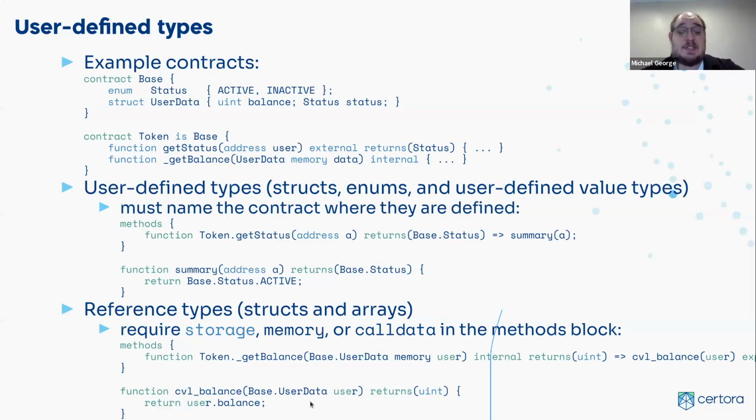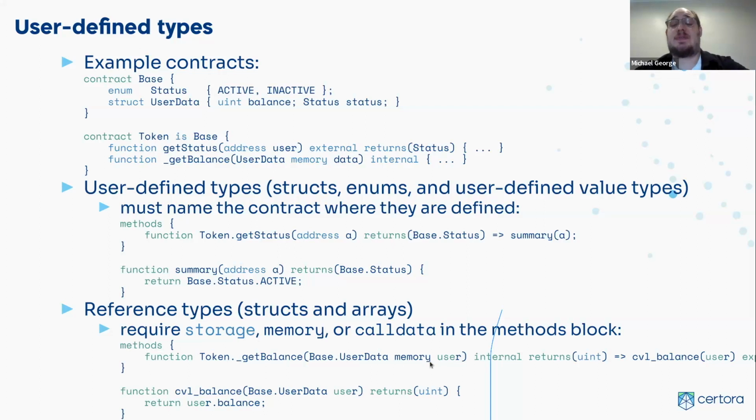For reference types, that's another change in CVL2. In Solidity and in EVM, the arguments to methods, if they're complex arguments like structs or arrays, if they're reference types, so they get passed by reference, you need to indicate where that reference is.